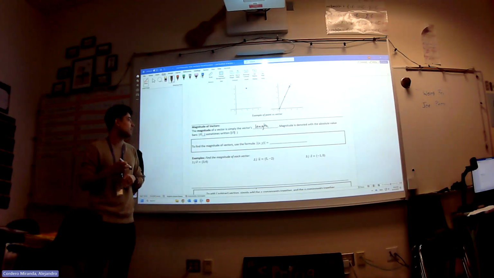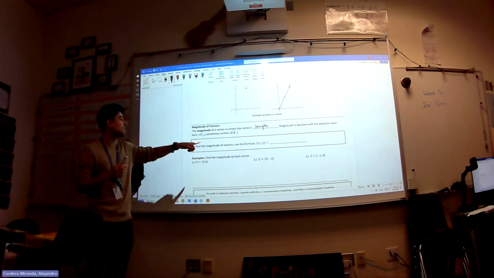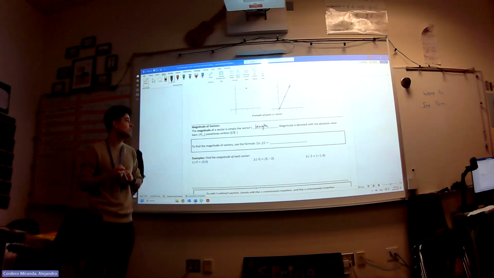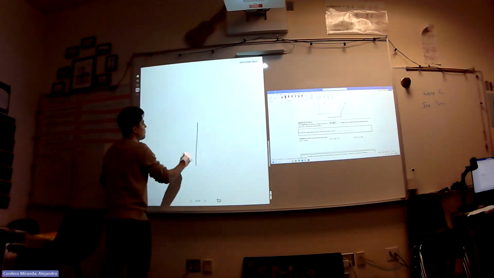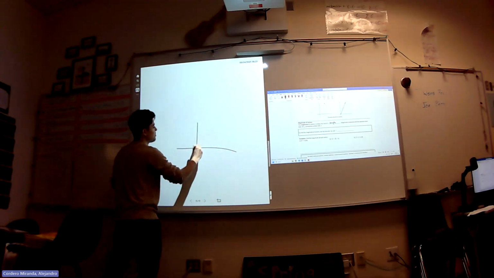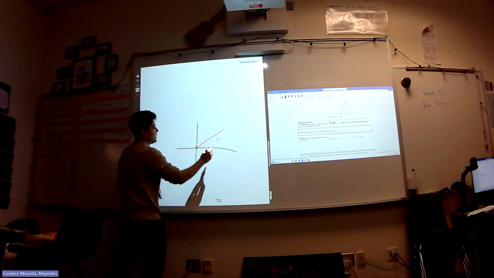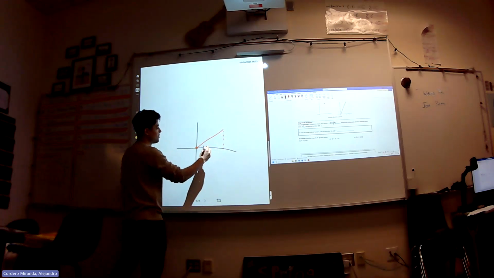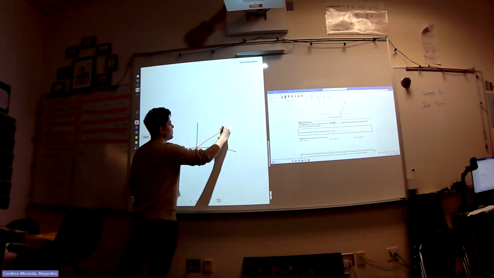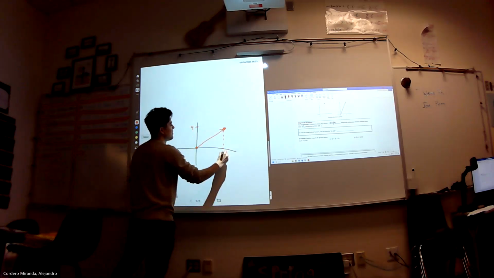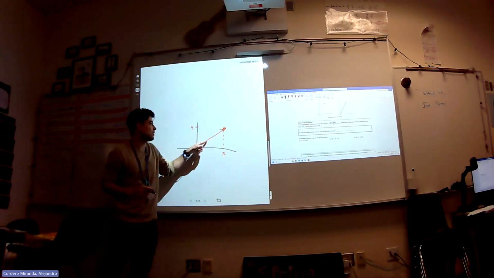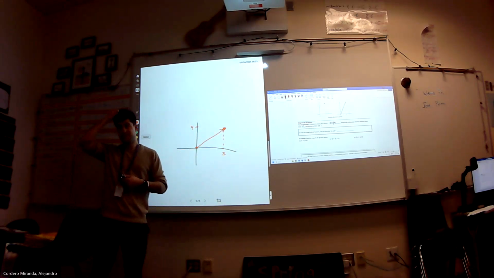So get used to that. And then to find the magnitude of a vector, you could probably figure this out. If I gave you this red vector, and let's just for simplicity say this is the vector 3, 4, then what would the magnitude be? Nice.